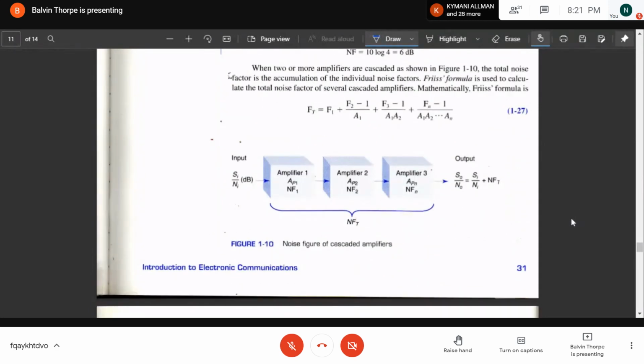Sir, if you increase the gain, the internal noise matters less. If you increase the amplifier gain, the internal noise would matter less. No. What is ND over AP?